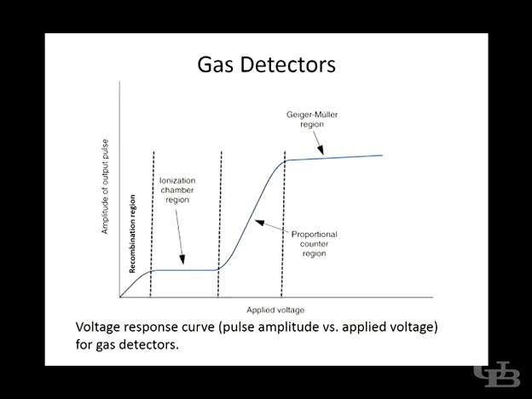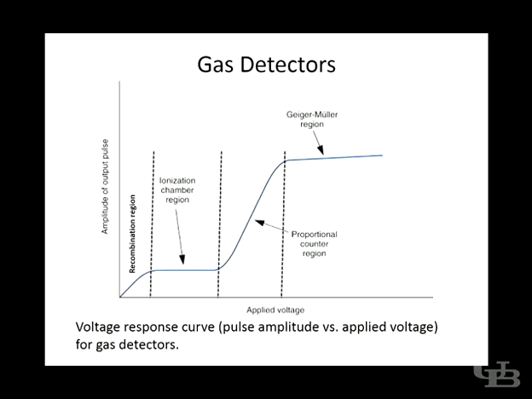There are three types of gas field detectors. They use the same geometry structure. The difference is how much voltage you apply. If you don't apply voltage, there's no electric field. There's no driver for the charges to move to produce current, so you have no signal. If you apply a little bit of electric field, the charges will start migrating, but some of them will migrate slowly, therefore there's a chance they will recombine.